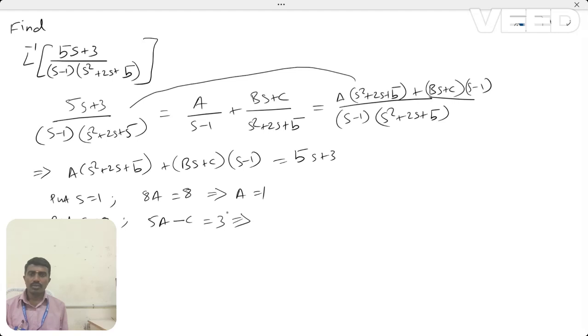And now you know the value of A equal to 1. So if you put A equal to 1 here, then you get 5 minus 3 equal to C, that is C equal to 2.